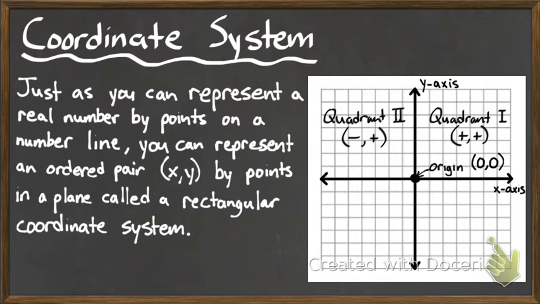Then continuing along, we get to quadrant 3, our bottom left quadrant, which has coordinates that are both negative, so x is negative and y is negative because you go left and down. And lastly, our bottom right quadrant, or quadrant 4, has coordinates where x is positive and y is negative.